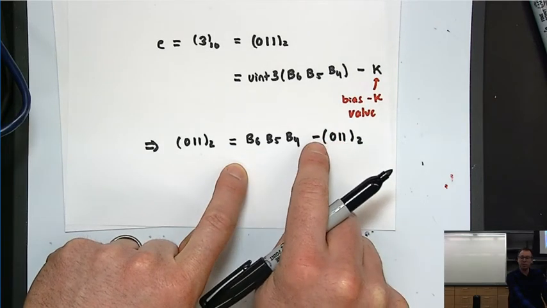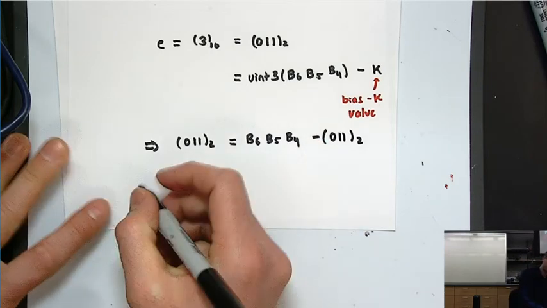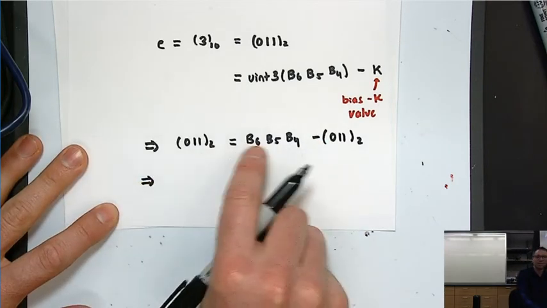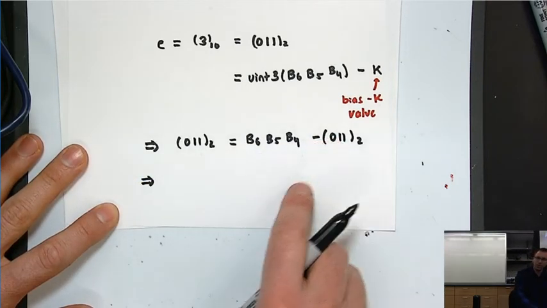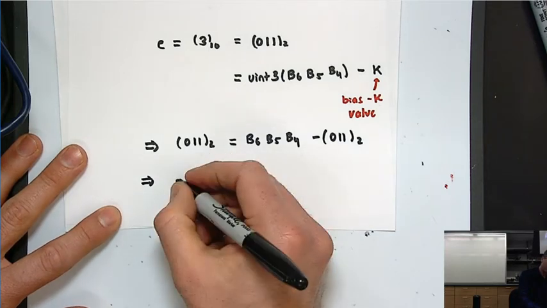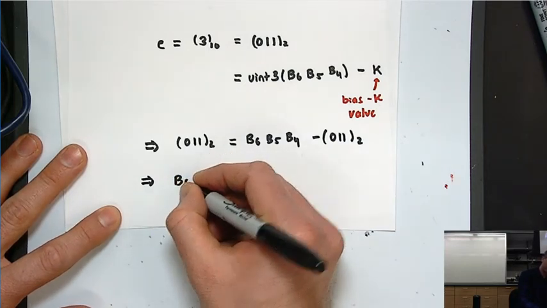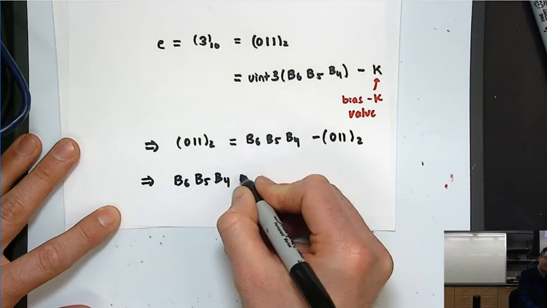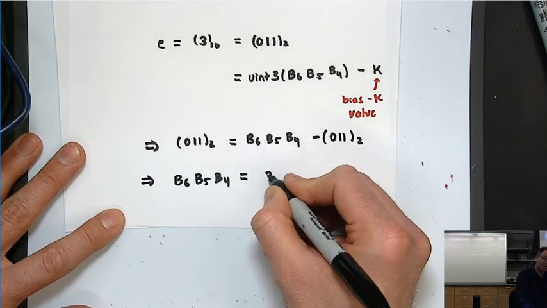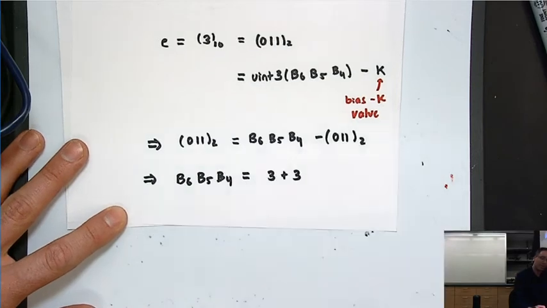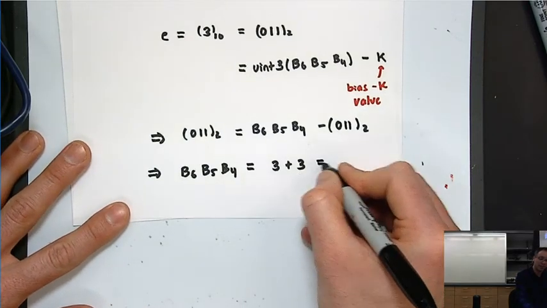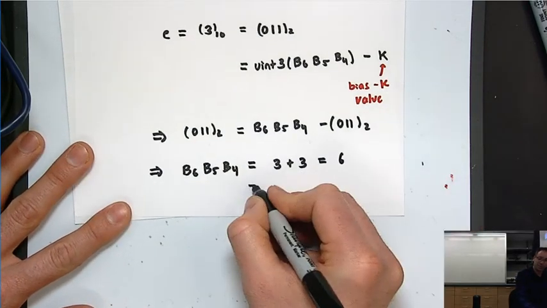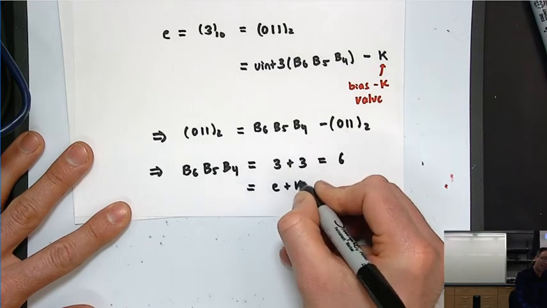What can I do in algebra? This is the unknown. What am I going to do here? Bring it to the other side. So B6, B5, B4 is basically 3 plus 3. What is 3 plus 3? 6, which is E plus K.